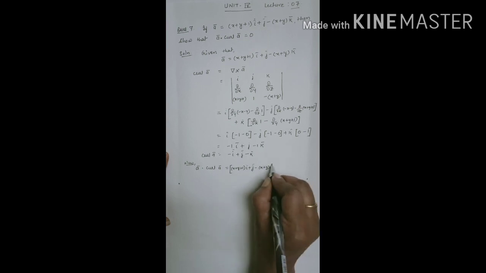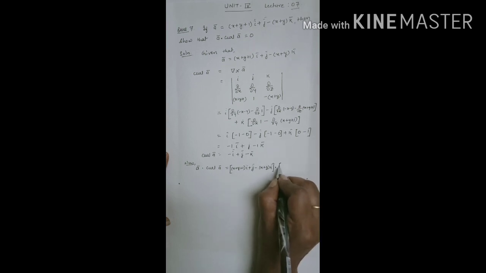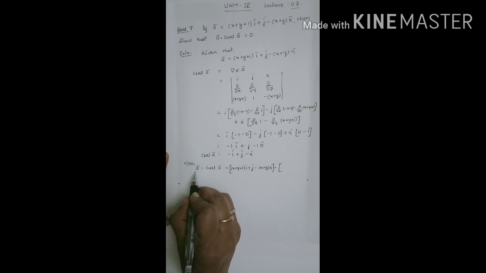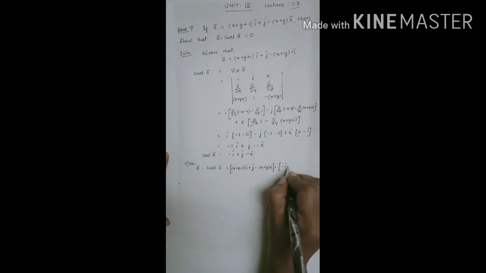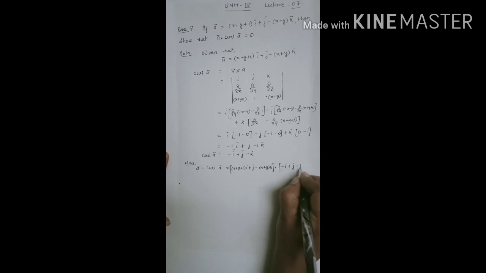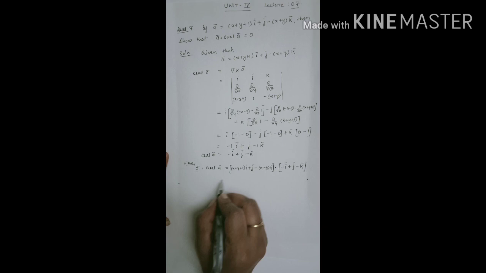This is your vector A dot curl of vector A. Curl A is nothing but minus i plus j minus k. Now simply you have to do the dot product.